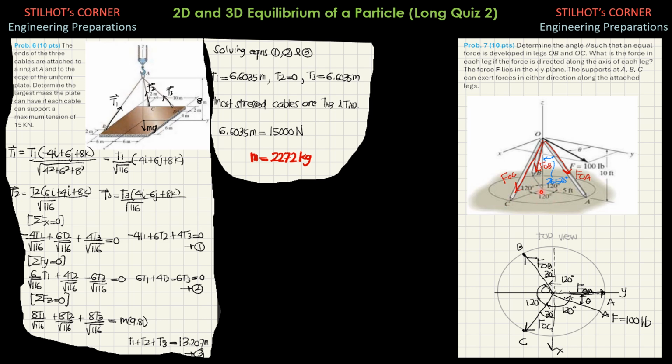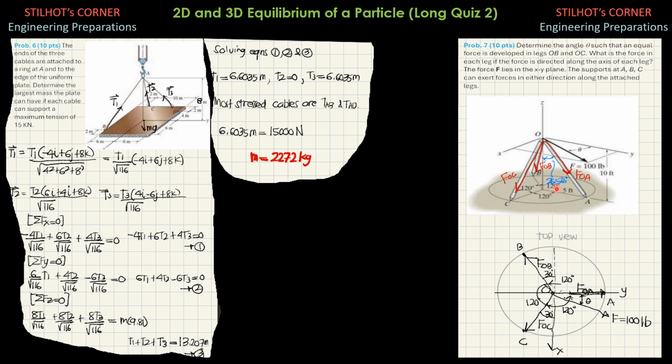By the way, this point to A is parallel to X as indicated by this 10 feet here. So that means the shadow of FOA is directed in the positive Y direction. And this angle is inverse tangent of opposite 5 divided by adjacent 10.